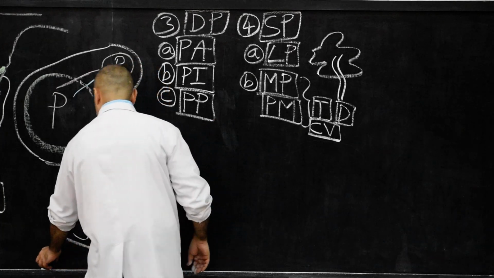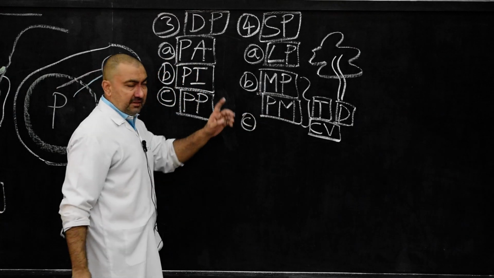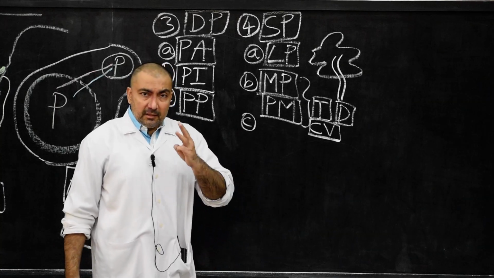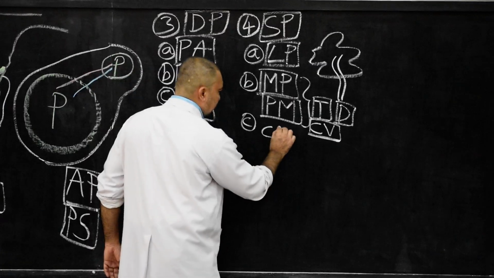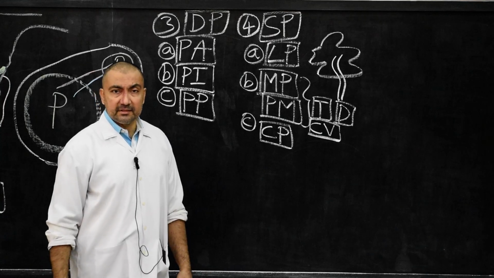So that means the chorionic villi will be present surrounding the entire placenta. And third variety, first is lobed placenta, second is placenta membranacea, third variety will be circumvallate placenta. What will be circumvallate placenta?